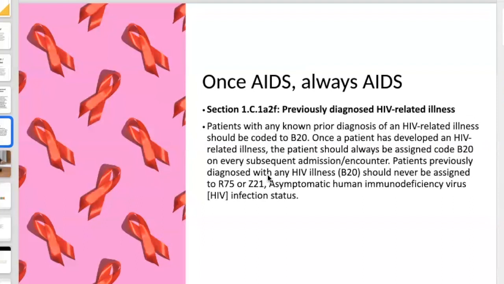Patients previously diagnosed with any HIV illness should never be assigned R75 or Z21, asymptomatic human immunodeficiency virus infection status.